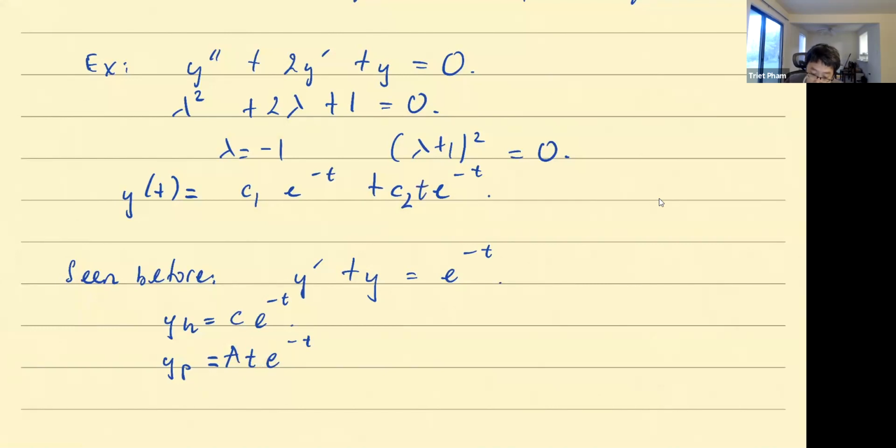That's the message. Now I will explore why multiplying by t works here, to show the working behind the scenes. But any question on this? So basically, when you get repeated roots, one solution is e to the root, the other solution will be t times e to the root.